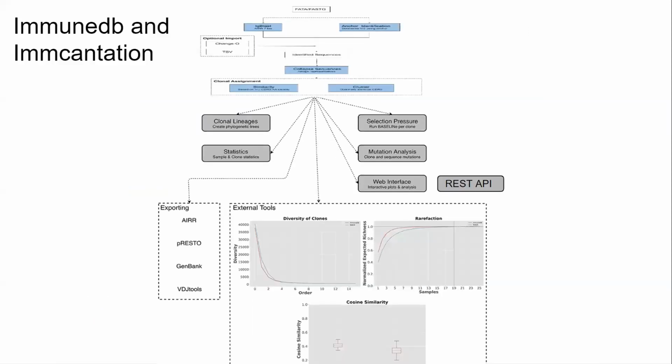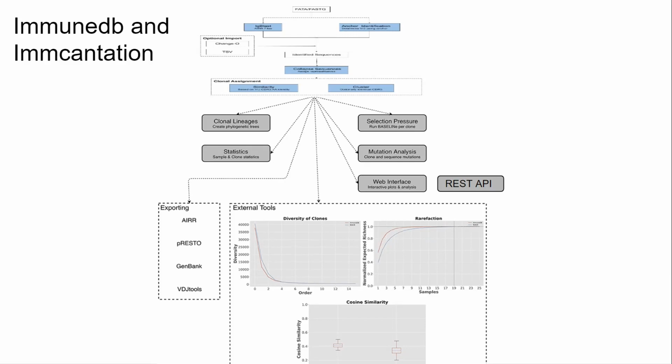Either way, there is a downstream analysis that can be made, such as selection pressure, where we integrate incantation to BASELINe as a tool. And there is a possibility to construct lineages, and also a possibility to easily interact with the database by importing data in different formats.